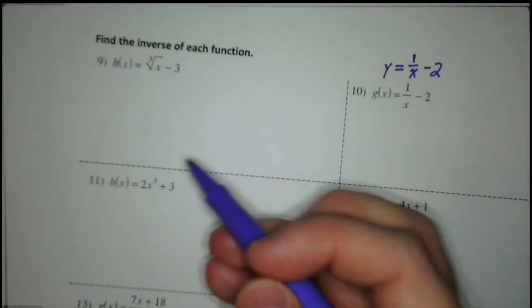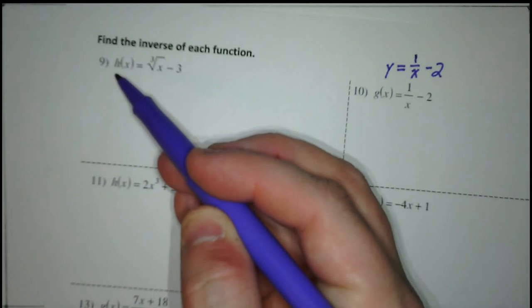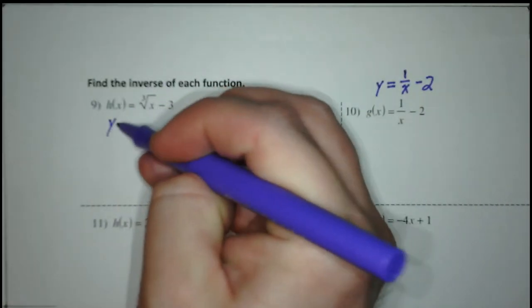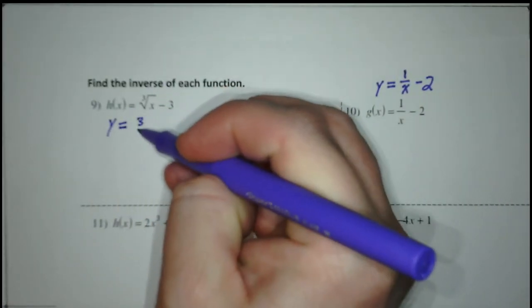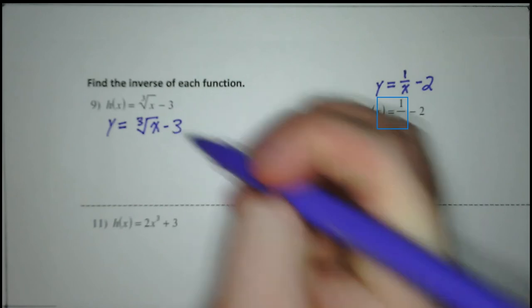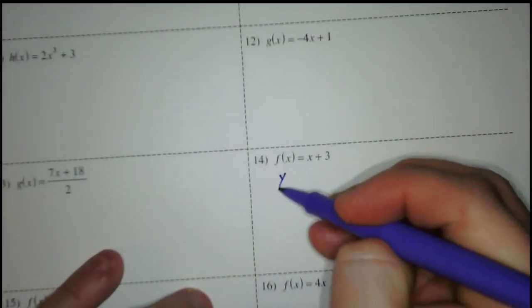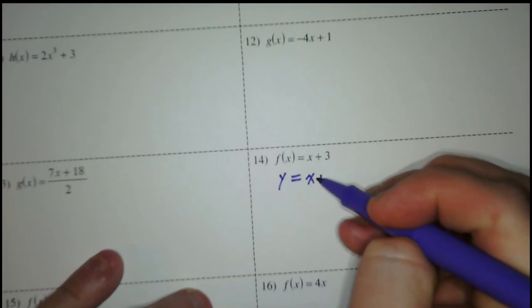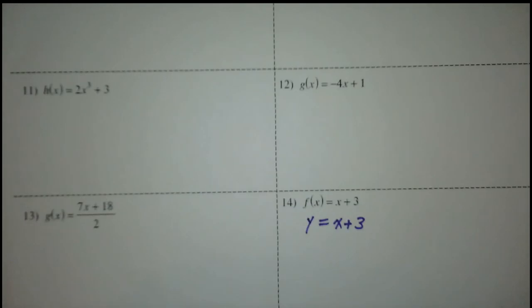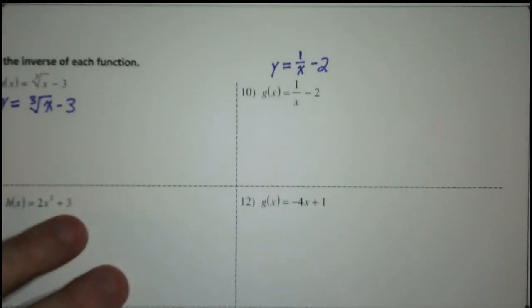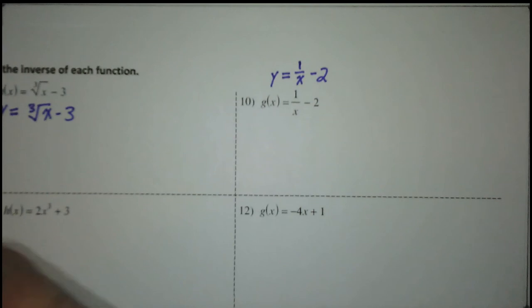Just like h of x might as well say y equals the third root of x minus 3. And down here, number 14, this might as well say y equals x plus 3. So first understand that. And then to actually take the inverse, you're literally just switching x and y. That's it. That's what it means.